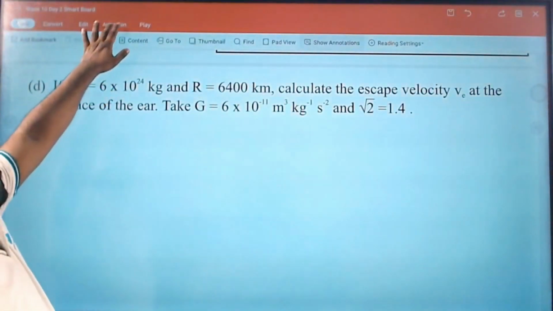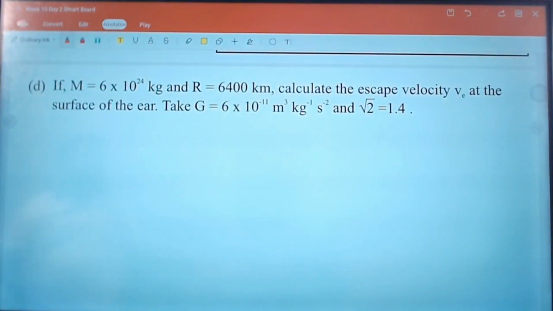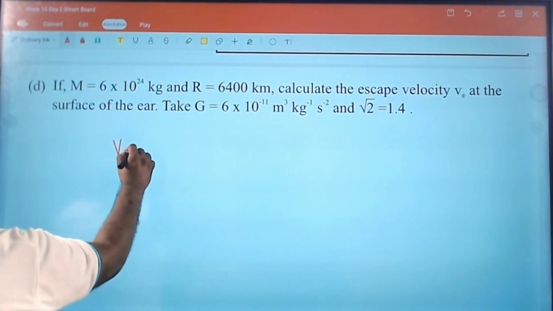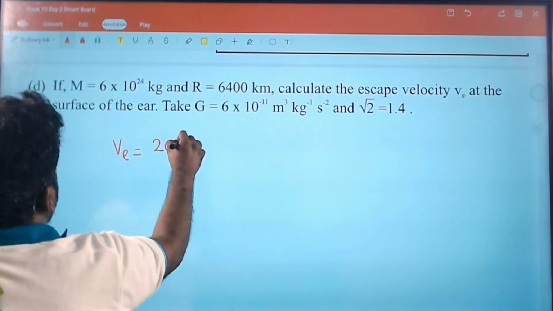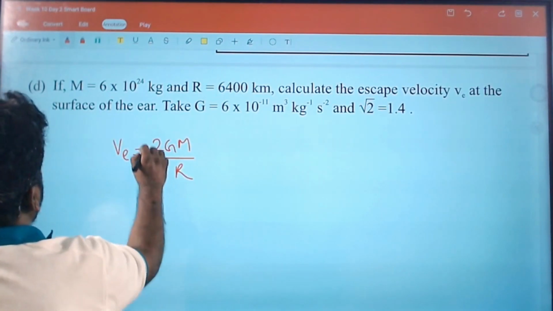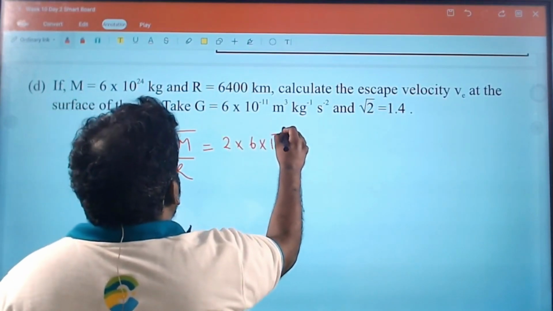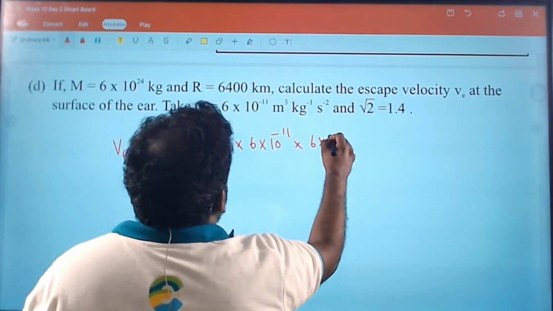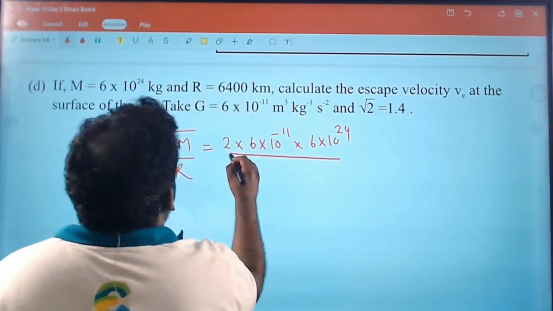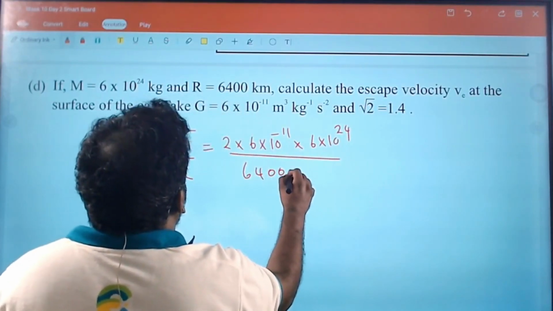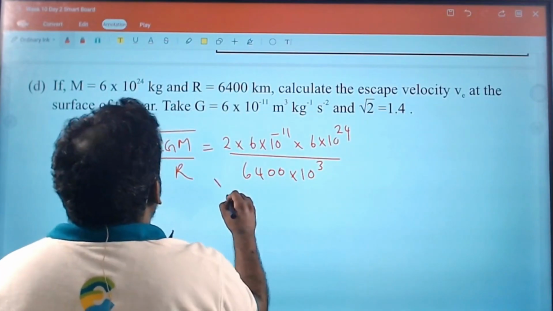If M is 6 × 10²⁴ and R is given, calculate the escape velocity at the surface of the earth: the square root of 2 G M over the radius of the earth. 2 × 6 × 10⁻¹¹ × mass 6 × 10²⁴ over radius 6400 × 10³, square root.